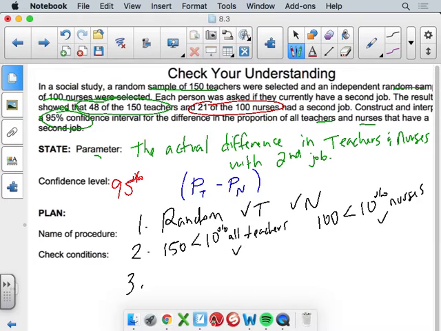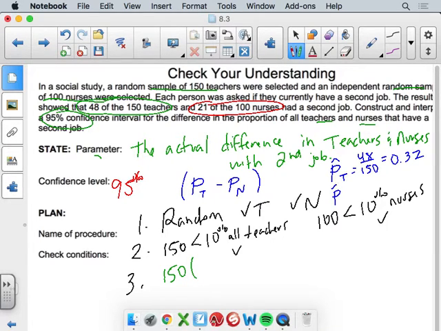Okay, and then number 3, is it normal? So maybe I need to get the proportion. I'm going to do my sample size of teachers times, so let me go ahead and write down my p hat for teachers is 48 over 150, which I got 32%, 0.32.